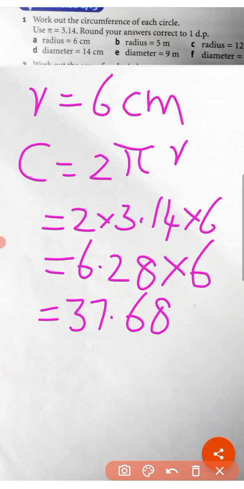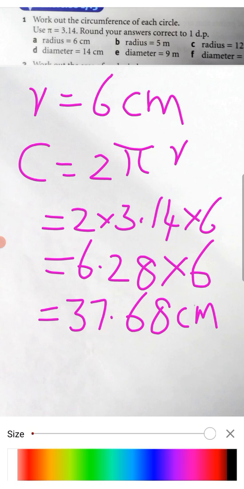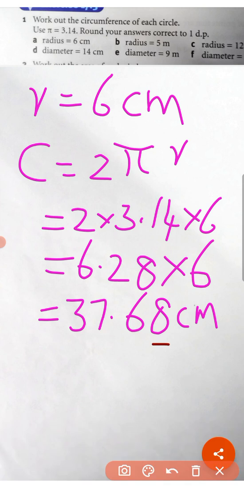37.68 centimeter. Children, you should round your answer correct to 1 decimal place, 1 dp. So check the second decimal place, that is 8, which is more than 5.